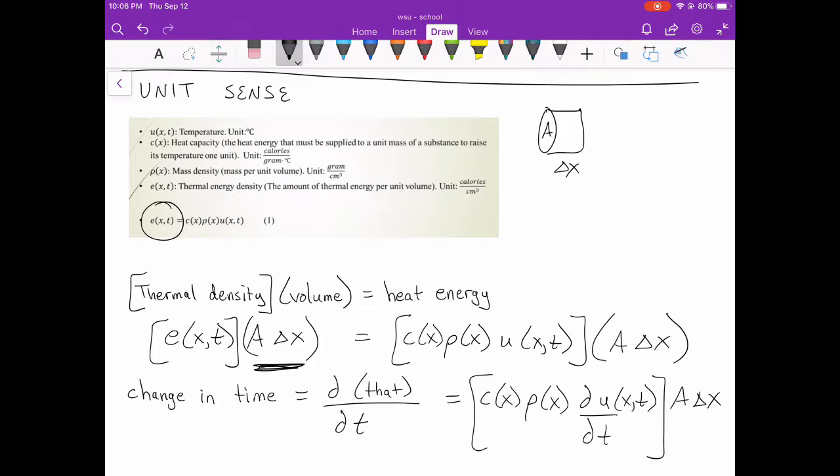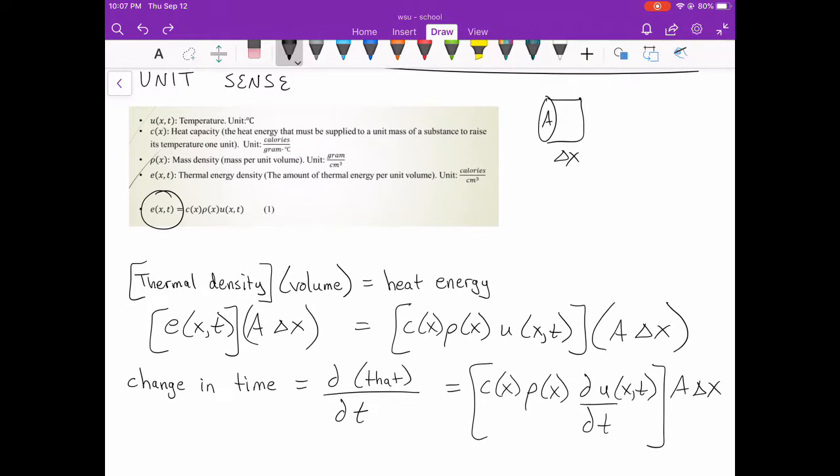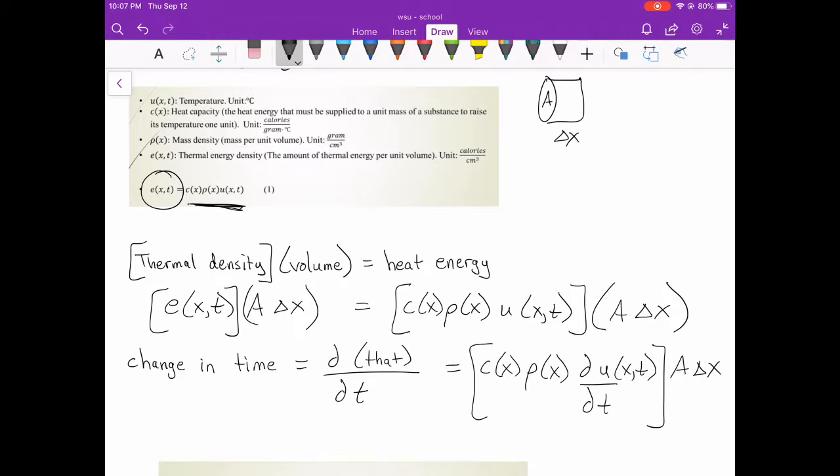That's where this piece is coming from. So this expression, E of x,t and A delta x, is going to be replaced with these other units, the heat capacity, the density, and the temperature. So that's all I did on the other side of the equal sign here. I just wrote those out.